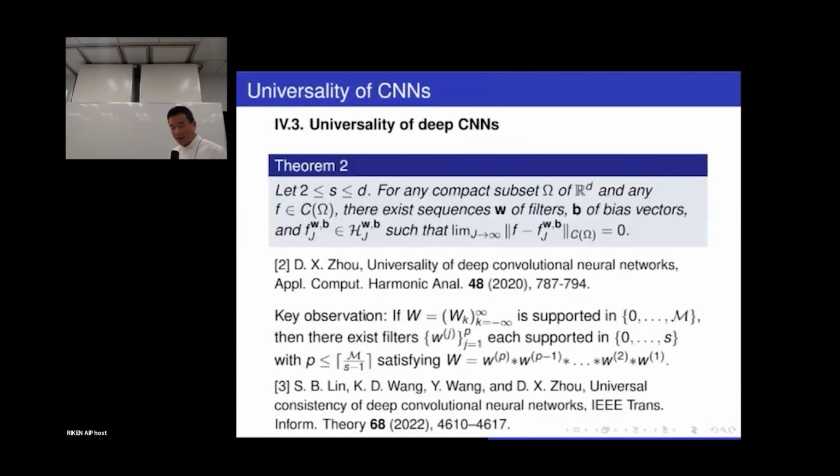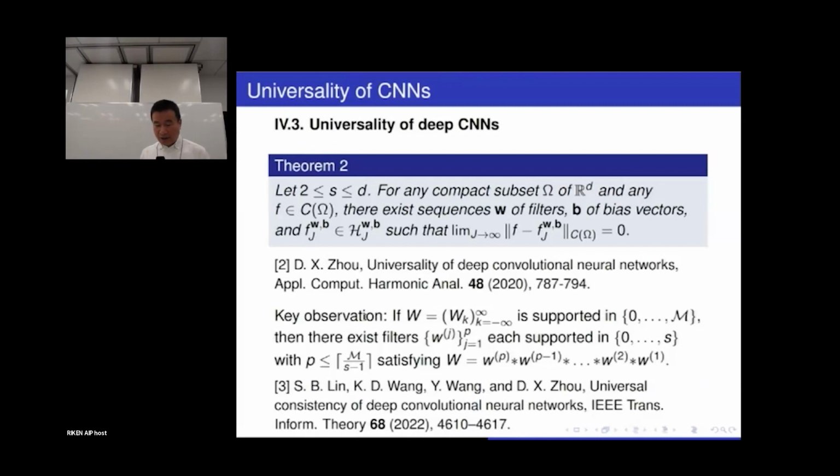So the first theory along this direction is the universality, saying that if the filter size is between 2 and d, which is fixed, typically we take s to be 2, like in the AlexNet, s is starting from 10, then 5, and then 2, and then some other convolutional neural networks. Typically, the filter size is only 3 by 3, meaning that s equals 2.